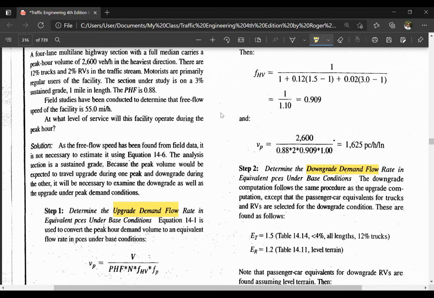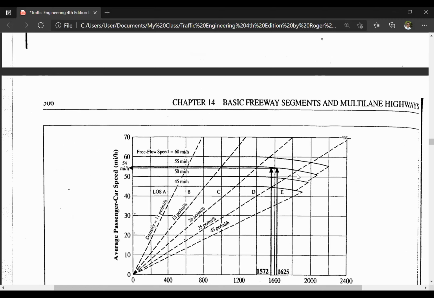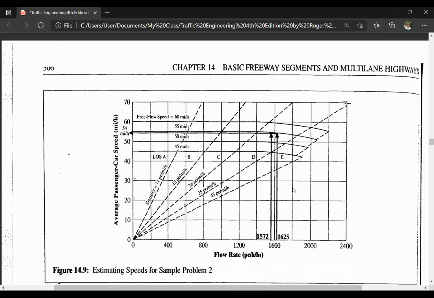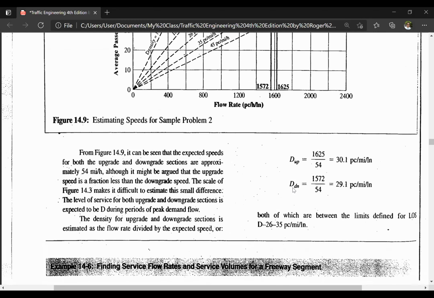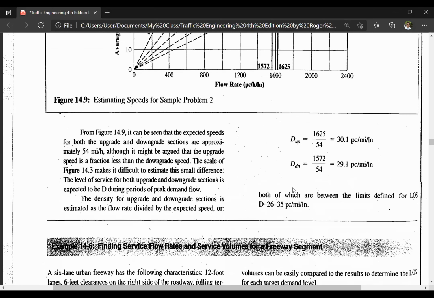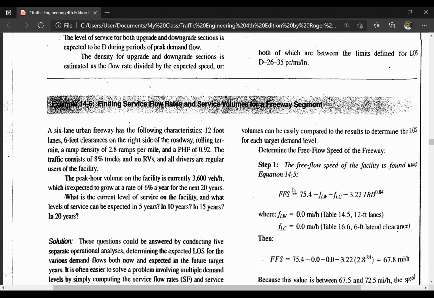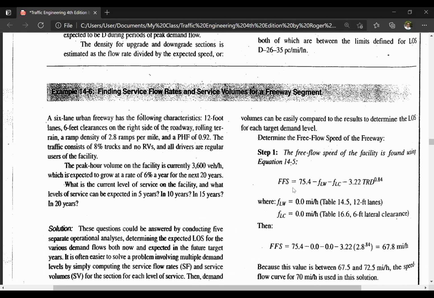FFS is 55, which is this one right here. So meeting over here, so it's level of service D.